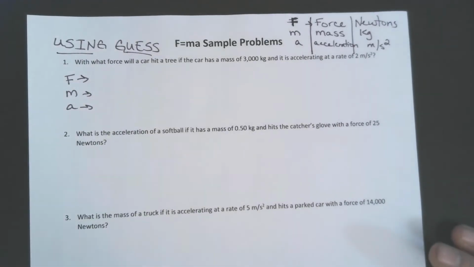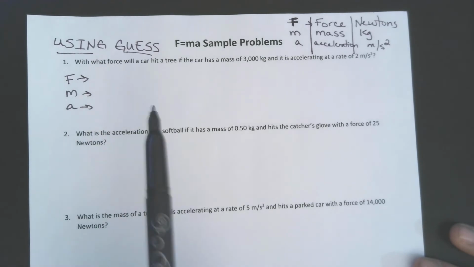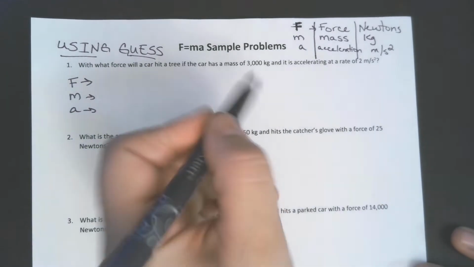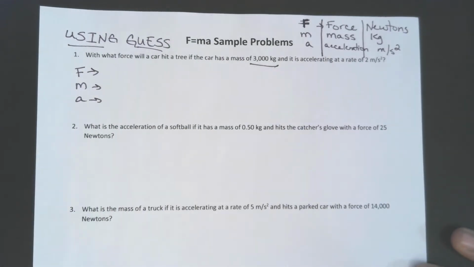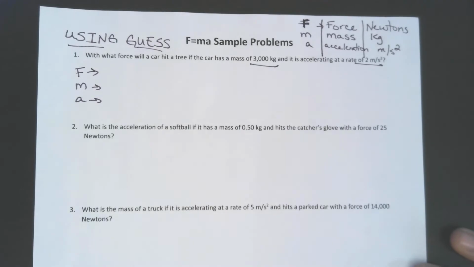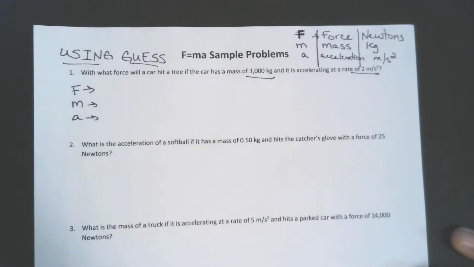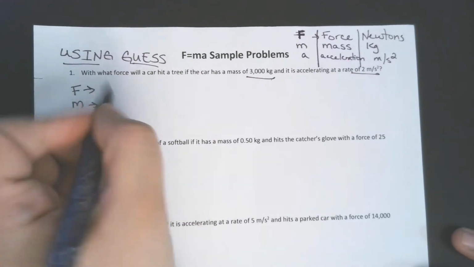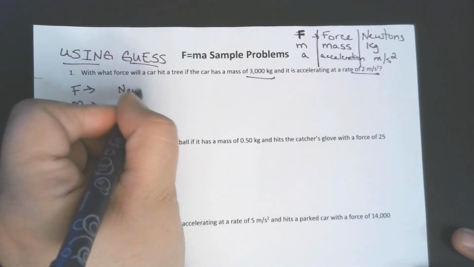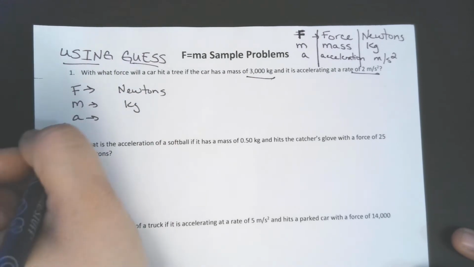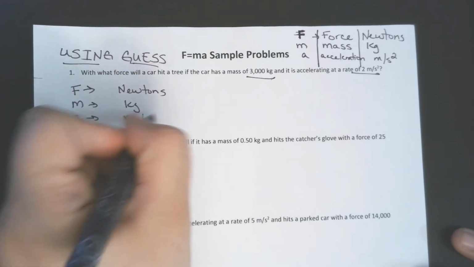So we read the problem and it says, with what force will a car hit a tree if the car has a mass of 3,000 kilograms and is accelerating at a rate of 2 meters per second squared? So here's the information we're looking for. The force is going to have to be in newtons. The mass should be in kilograms, and the acceleration in meters per second squared.